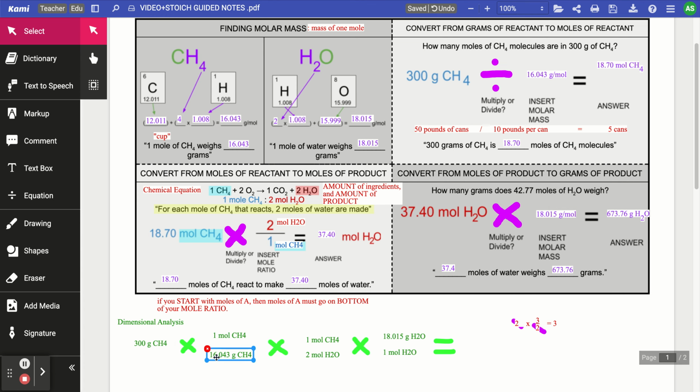Multiplying by 1 over 16 is the same thing as dividing by 16. Then I'm going to multiply by, okay, moles of methane's on top, so I want moles of methane on bottom, moles of water on top, multiply by 2, same thing I did here, and then moles of water on top, so moles of water on bottom, so grams of water goes on top, so I multiply by 18, which is what I did here.